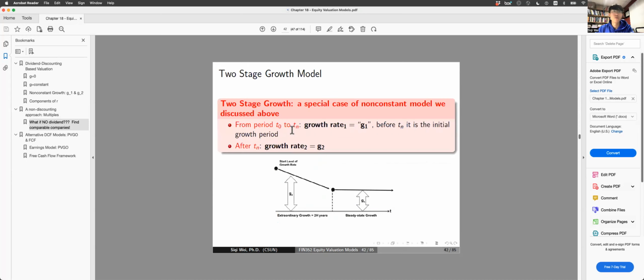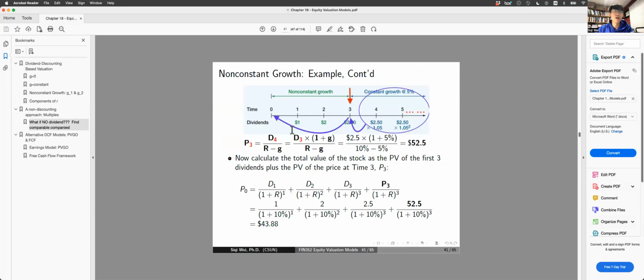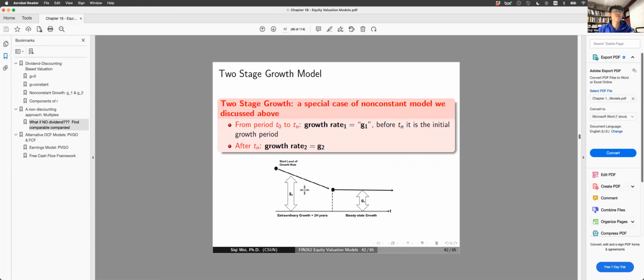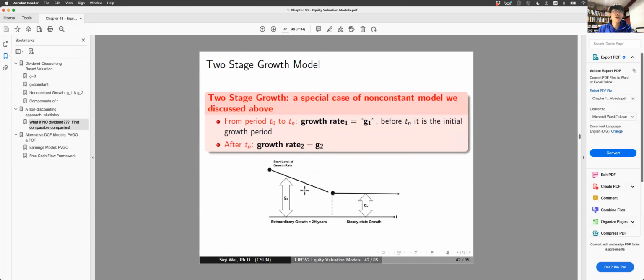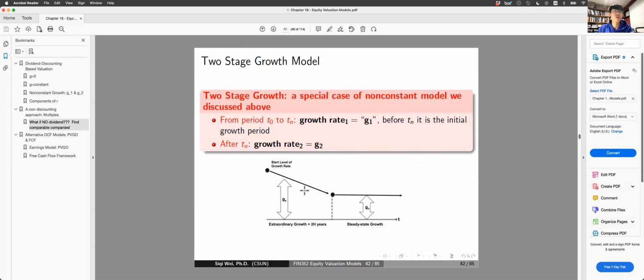Okay, so you're more than welcome to follow my step-by-step instructions. So this graph captures the spirit of the 2-stage growth model, driven by the market competition. Well, the growth rate usually turns out to be smaller in magnitude on the steady state growth stage.